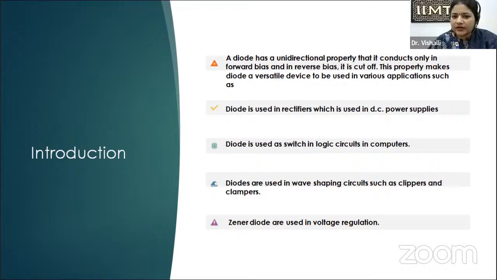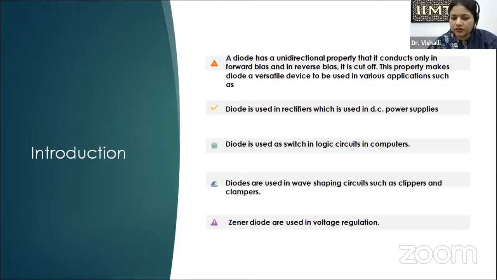One is the rectifier. It can also be used as a switch in logic circuits: the switch is in the on position when the diode is forward biased, and in the off position when it is reverse biased. Diodes are also used in clipper and clamper circuits, and one special kind of diode, called a Zener diode, is used in voltage regulation.